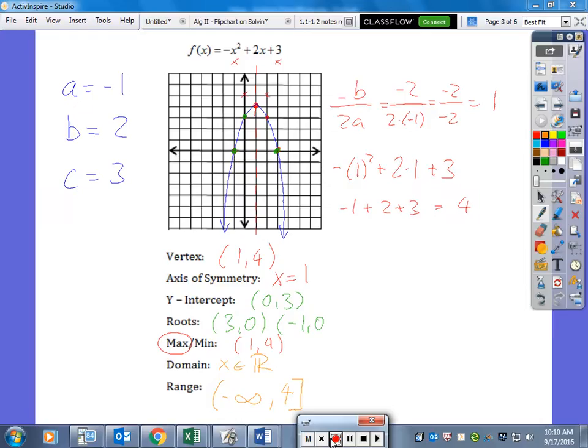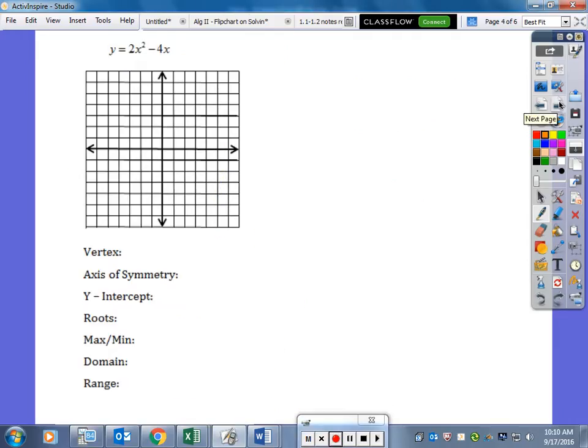You should have enough room on your left margin for doing all the side calculations, but do leave some room for our next example where we're going right now. Y is equal to 2x squared minus 4x. And as we did before, we're going to start off by determining the numbers for a, b, and c.